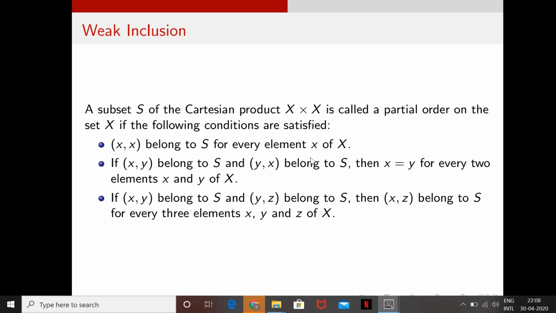The first condition is that (x, x) belongs to S for every element x of X. Second, if (x, y) belongs to S and (y, x) belongs to S, then x equals y for every two elements x and y of X. And the third is if (x, y) belongs to S and (y, z) belongs to S, then (x, z) belongs to S for every three elements x, y and z of X. Now these three must look similar to you because we have talked about them in the previous slides. The first relation is reflexive, the second is antisymmetric, and the third is transitive.